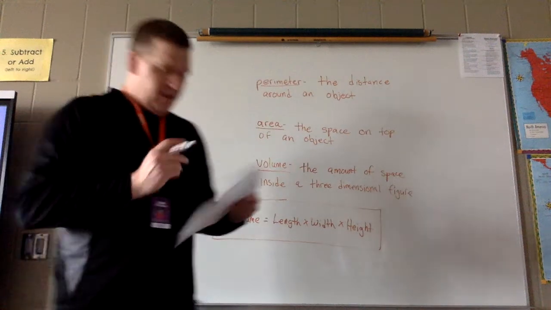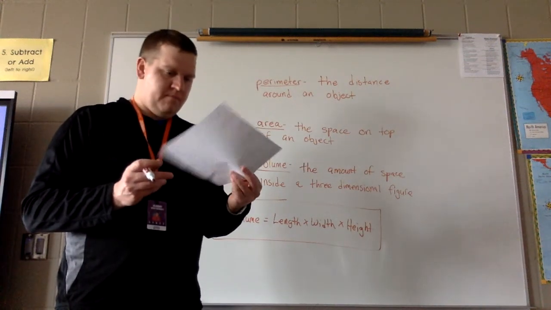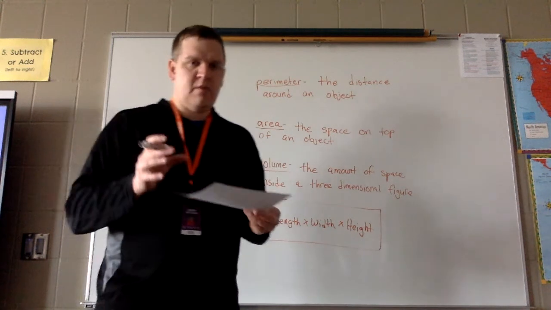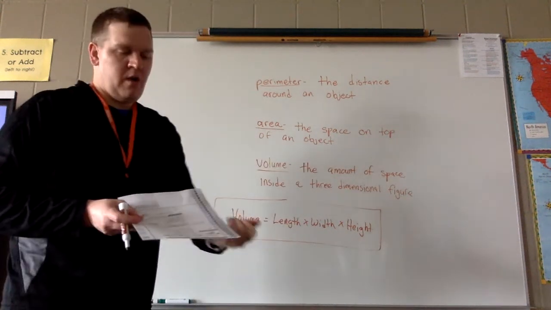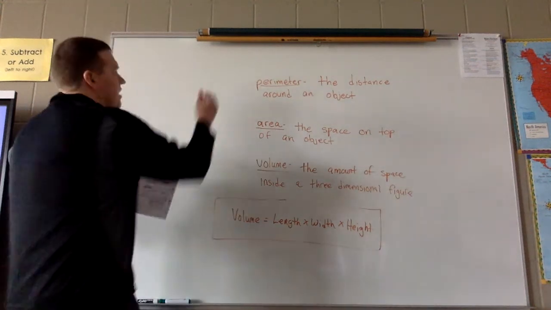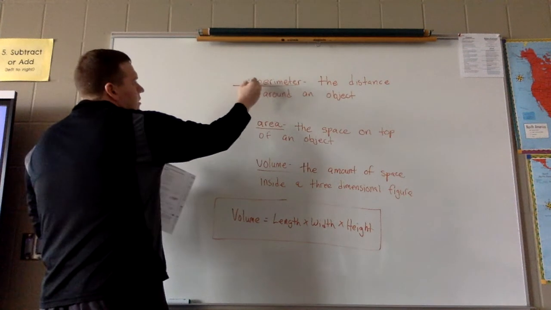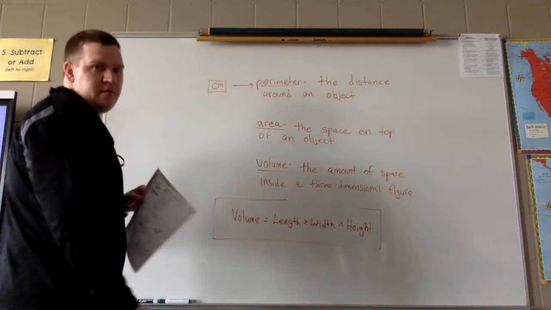Okay? So, and then the other thing with volume, right? So perimeter, we said perimeter was just around the outside, so we didn't do anything with it. We just said if the dimensions were centimeters for perimeter, our label was just centimeters, right?